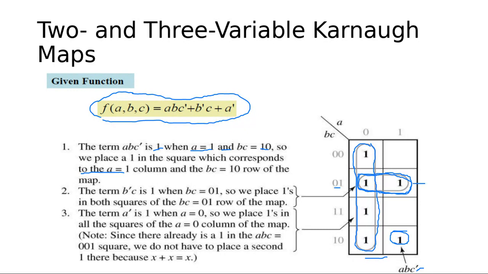So it means not B, C. And in this square, you can see that A is not changing, and BC is changing because they got the 0, 0 or 1, 1. So this result is A. This one. And this function equals this expression. Okay.